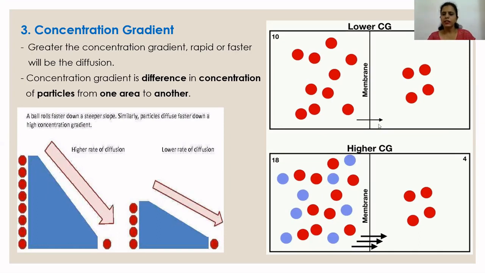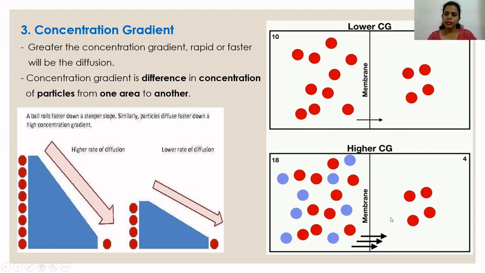Now look at the right side image here. If you see, in first image, the concentration gradient is low. That is, here you have 10 particles and here you have 4 particles. So difference is only of 6. But in second case, the concentration gradient is more. Here you have 18 particles and here you have 4. That is, the difference is of 12 particles.